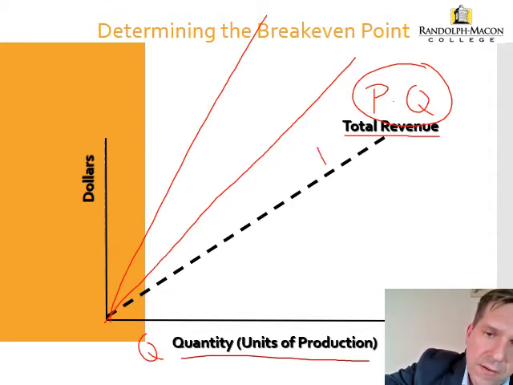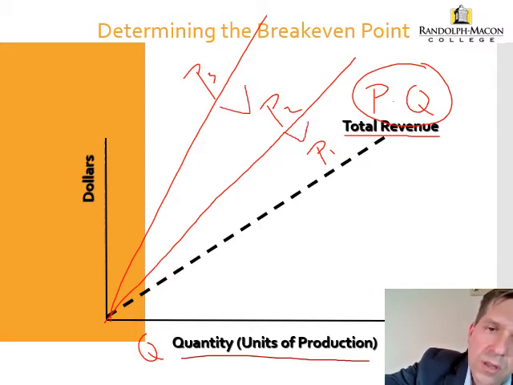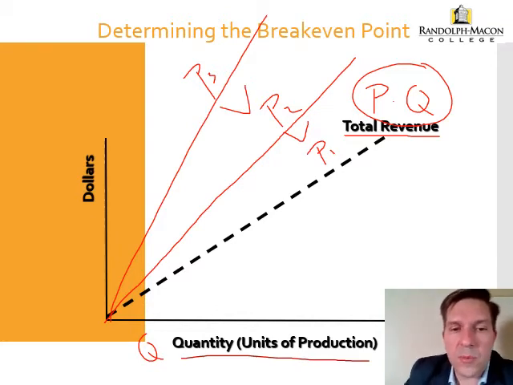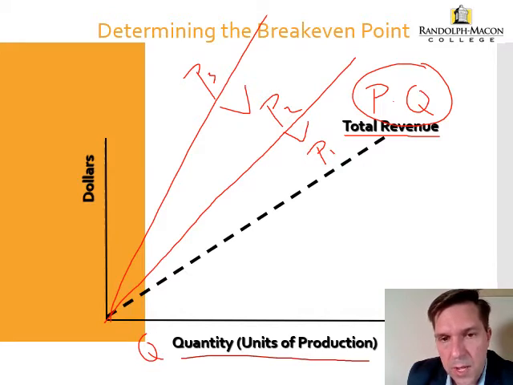So here you will have P1, here you will have P2, and here you will have P3, with the understanding that P1 is smaller than P2 and smaller than P3. So P3 will be the largest number. It will give me a revenue line that is steeper, okay?